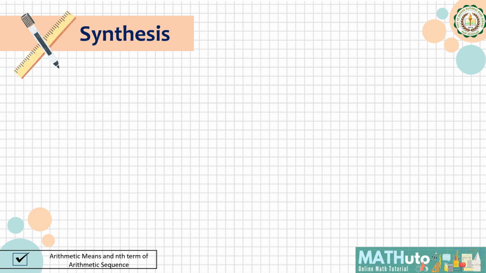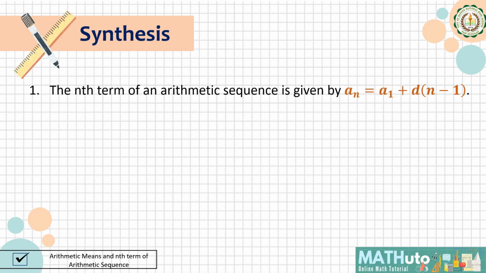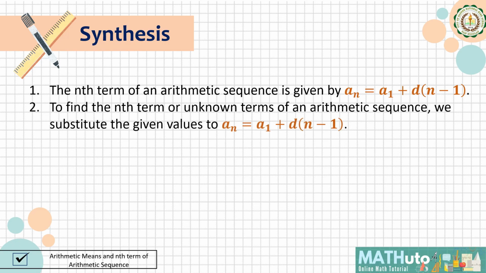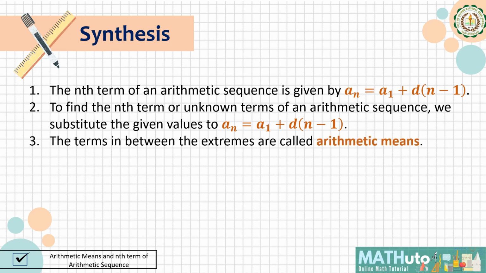Now, we are done with our examples. Let us summarize our lesson from today. The nth term of an arithmetic sequence is given by a sub n is equal to a sub 1 plus d times n minus 1. And to find the nth term or unknown terms of an arithmetic sequence, we substitute the given values to a sub n is equal to a sub 1 plus d times n minus 1.